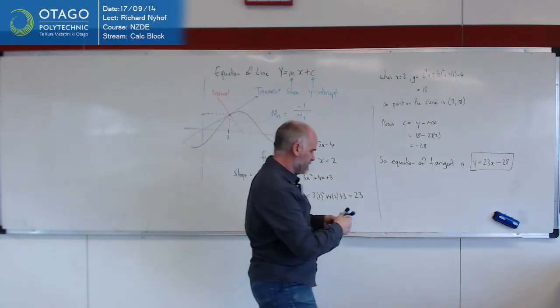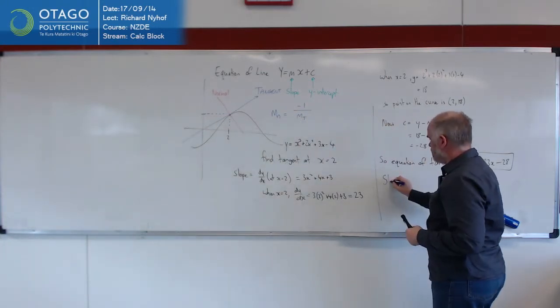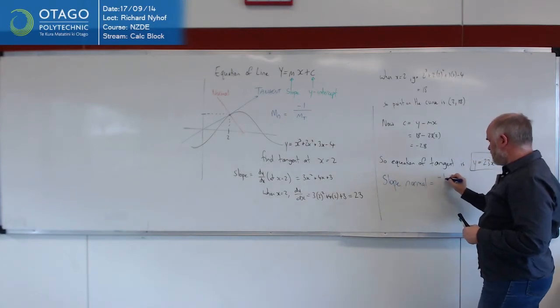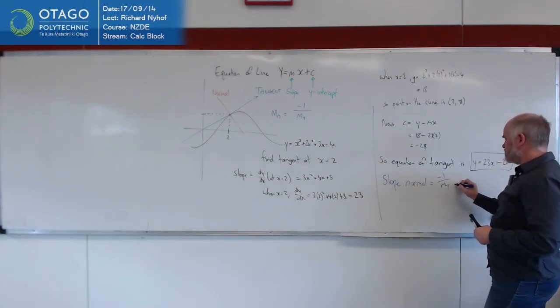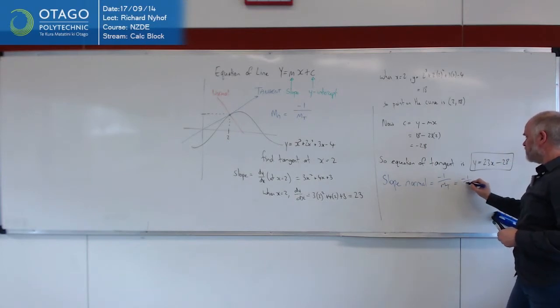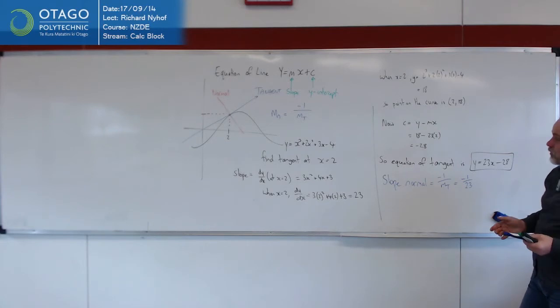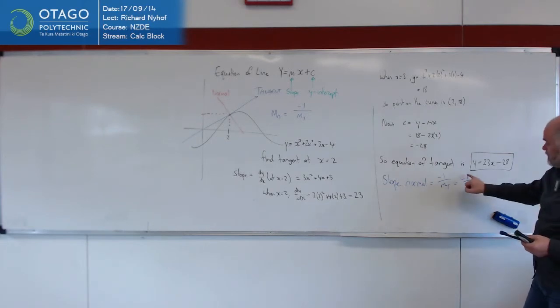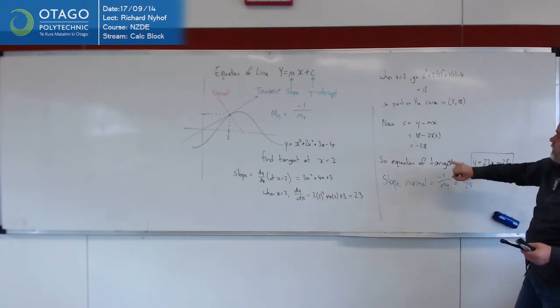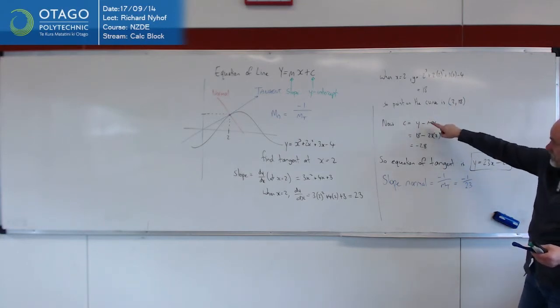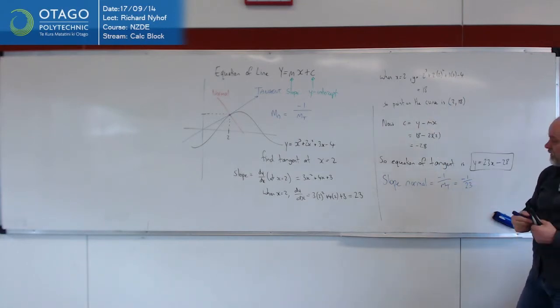So in this case, the slope of the normal, negative 1 over the slope of the tangent, is negative 1/23. And once we've got the slope of the normal, we've got a point, we've got a slope. We can just go through this process again to work out c for the normal.